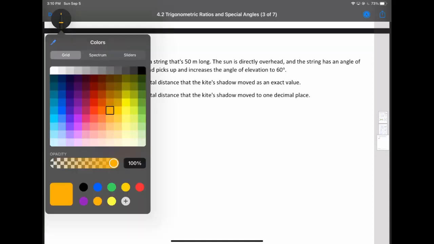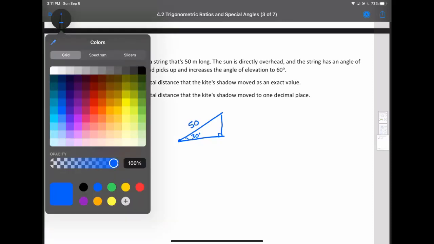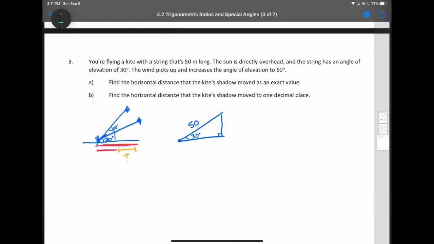So I'm going to go back and just draw the original picture here. Our first kite position was a right angled triangle, looked like that. And this was 30 degrees. Now, I know that this up here is 50. But I also know that the ratio of the three sides in a 30 degree angle, the special triangle, is 2, 1, and root 3.